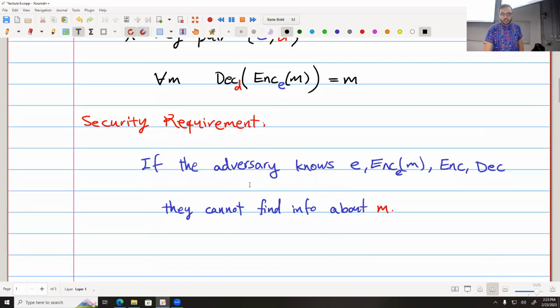But of course, we also had this security requirement, which was that an adversary who knows my encryption key and my encrypted message, and also the algorithms, should not be able to find any information.